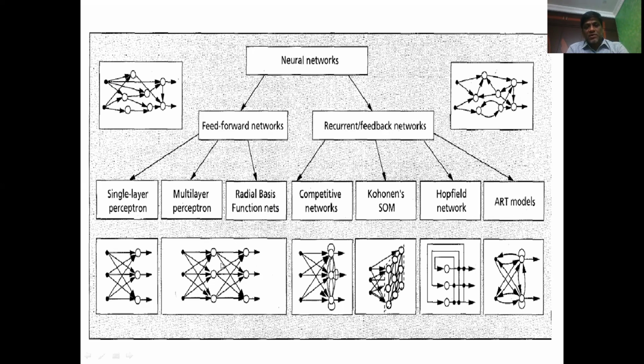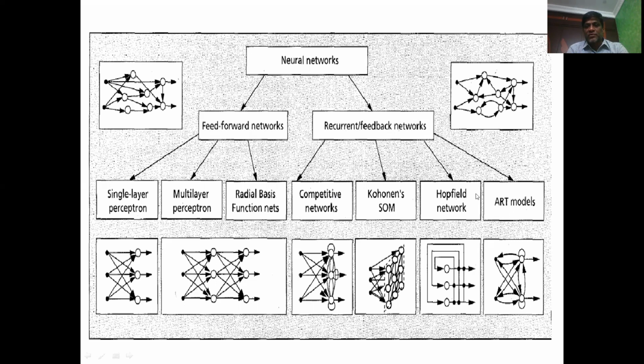They are also same as multi-layer feed-forward networks, except that a special kind of activation function will be used for designing. We have only these three feed-forward networks in our syllabus. Then the second category of neural networks is feedback networks or recurrent neural networks, under which we have competitive networks, Kohonen's SOM, Hopfield network, ART models.